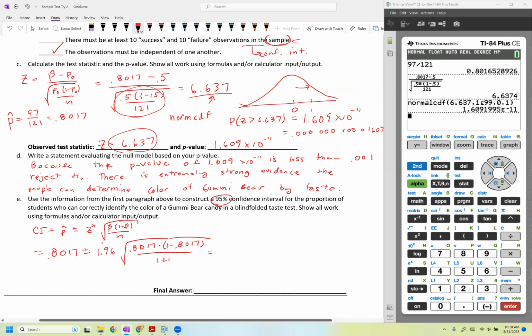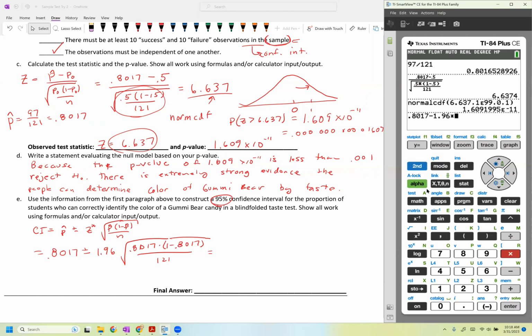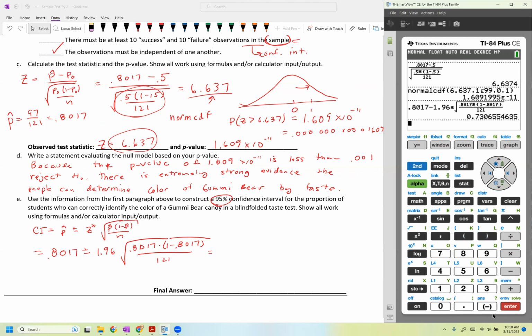So let's go ahead and calculate that. 0.8017 minus 1.96 times the square root of, and again, I'll make a fraction, 0.8017 times 1 minus 0.8017, close that off, sample size of 121. Enter.